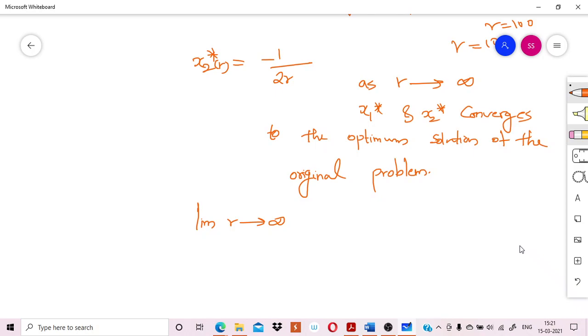That means x1 star equal to limit r tends to infinity of x1 star of r, which we will get as 1.